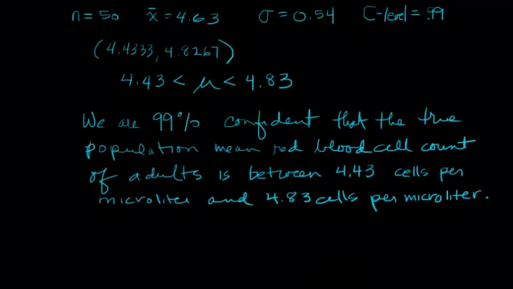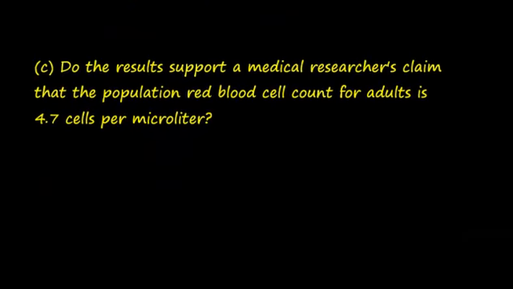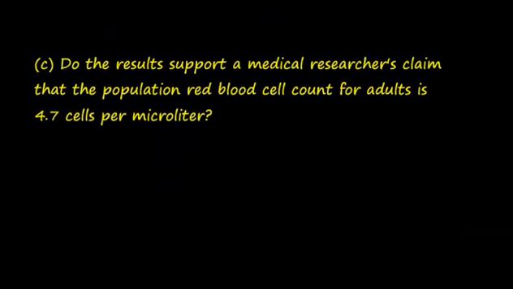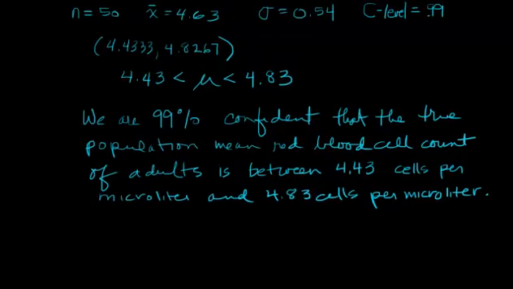Okay, finally, we might be asked a question such as shown here. Do the results support a medical researcher's claim that the population red blood cell count for adults is 4.7 cells per microliter? Well, let's look at our interval.